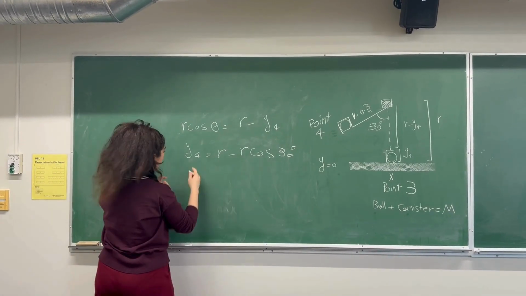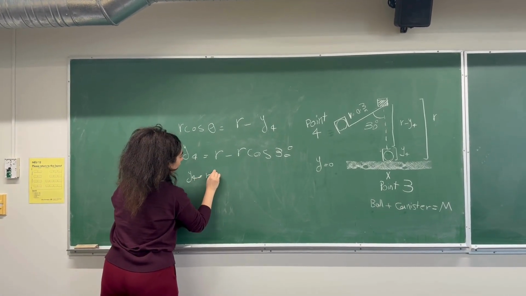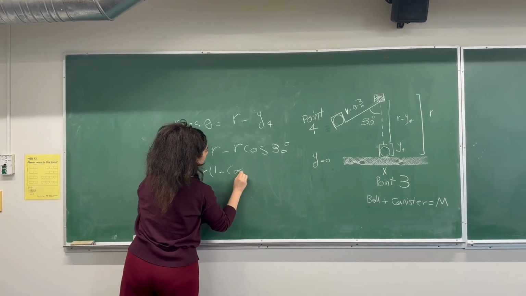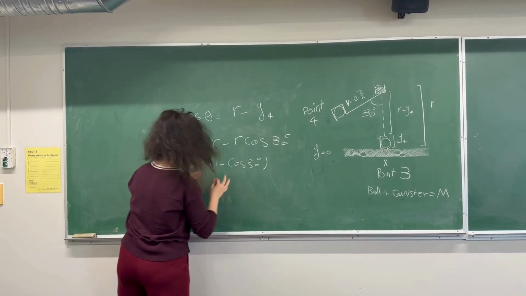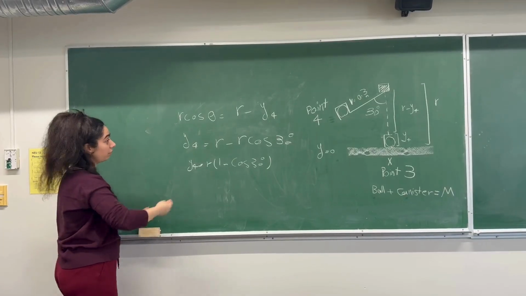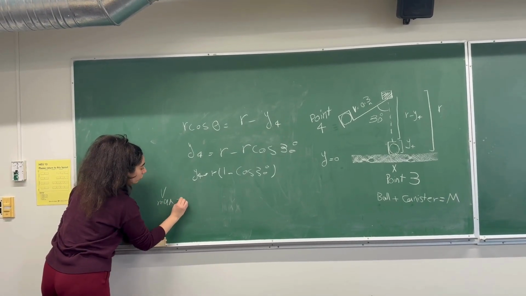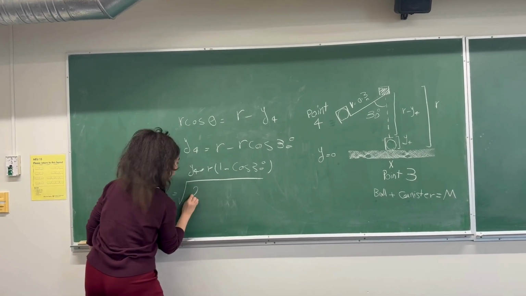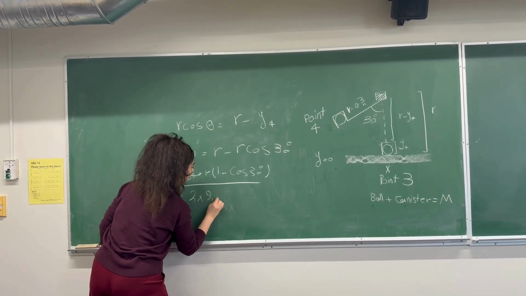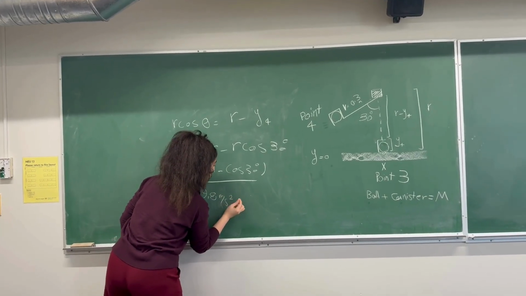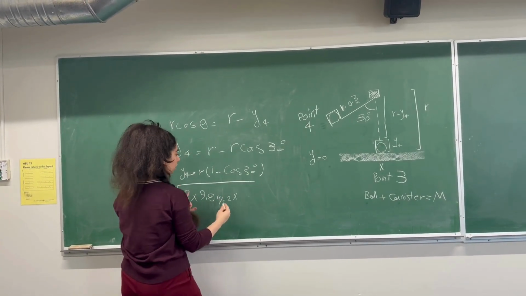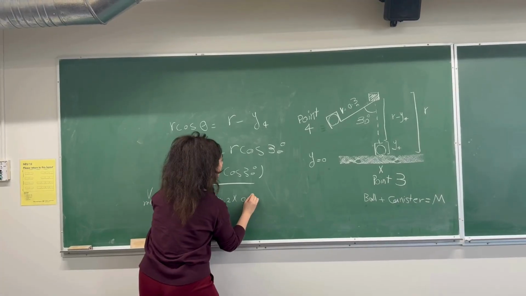The factor of r and y4 is r times (1 minus cosine 30 degrees). Let's put this in the equation that we had from the last part. If we want to find our v max at point 3, it could be the square root of 2 times 9.8 meters per second squared times this one. This r is 0.3 meters.